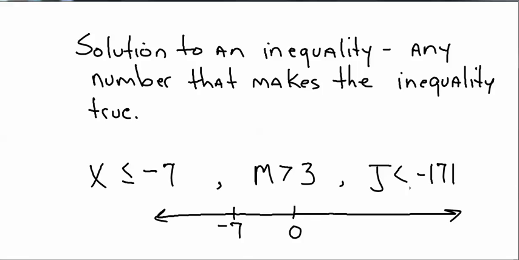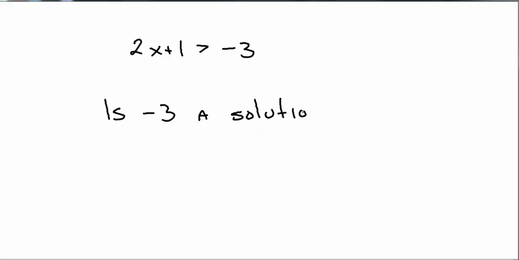Look at problem 2 on page 175. Identifying solutions by evaluating. They give you 2x plus 1, and they tell you that it's greater than negative 3. And they ask, is the number a solution? Okay, so they're saying, is negative 3 a solution? Well, what you do in that case is you plug the negative 3 in for x.